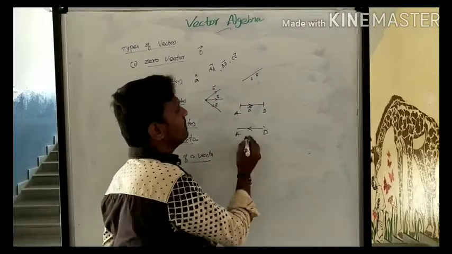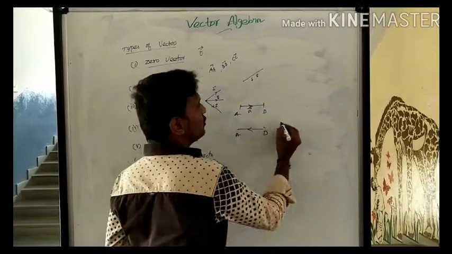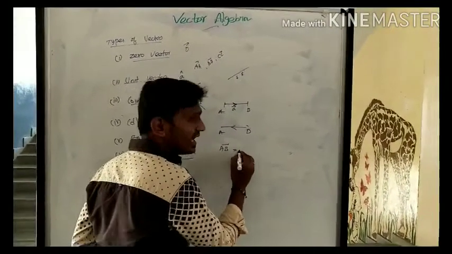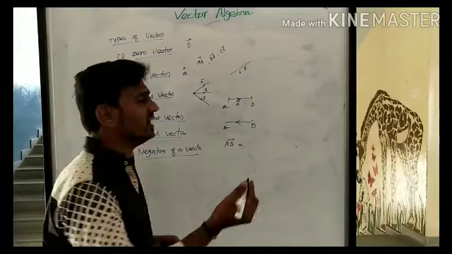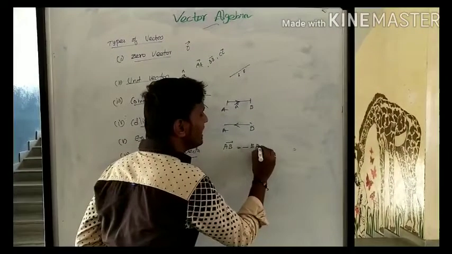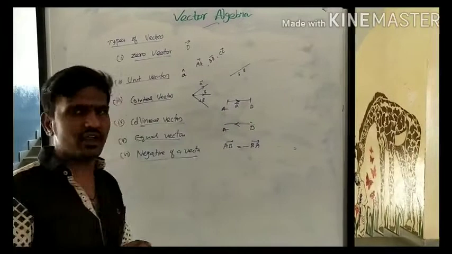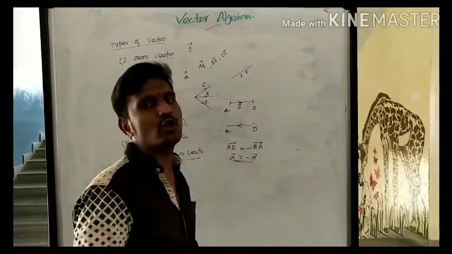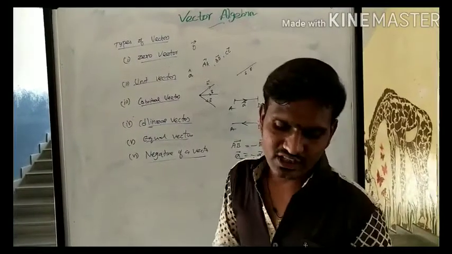So that is called the negative of a vector. A normal given vector named A vector, we have to take in a different direction to get minus A vector. So A vector is equal to minus A vector like this, we have to replace. So that is the negative of a vector.